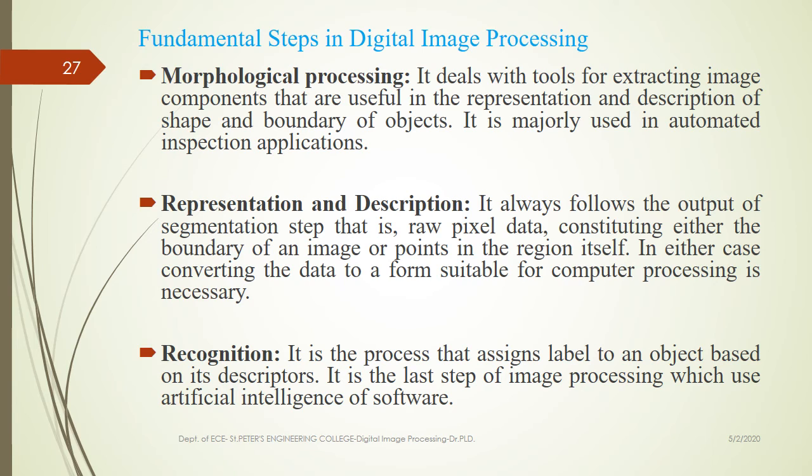Then representation and description always follows the output of the segmentation step, that is, raw pixel data constituting either the boundary of a region or the points in the region itself. In either case, converting the data to a form suitable for computer processing is necessary.